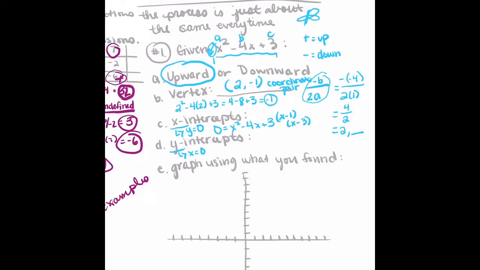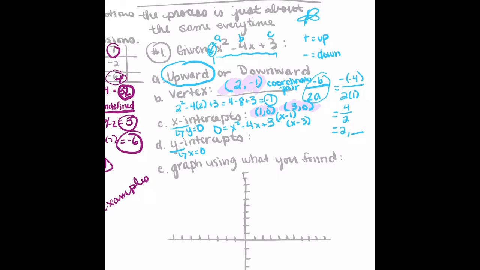So we would have x-intercepts at 1 comma 0 and 3 comma 0. These are also always in pairs. I'm going to highlight those and my vertex so I don't lose that.